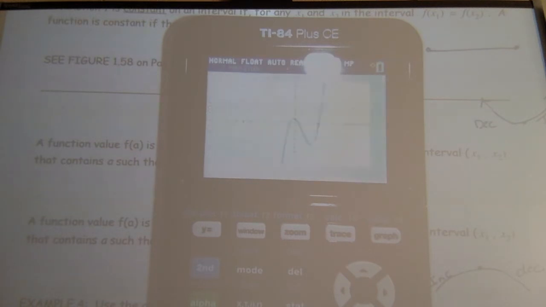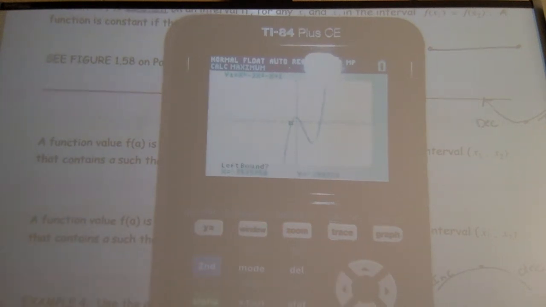That's number 4. Again, we take that cursor and we put it to the left of the maximum. Hit enter. Put it to the right. Hit enter. So that maximum point is in between those two dotted lines, and there's where we guessed it.